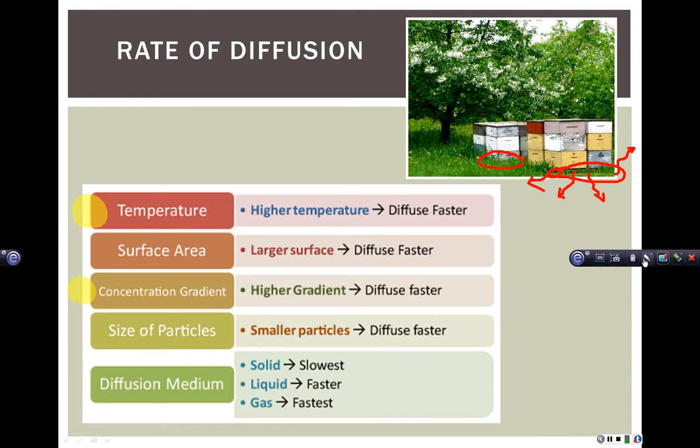But there's other really important ways to change the rate of diffusion. And one of my favorite things to look at is how surface area influences this, because the body has to maximize increased surface area for all kinds of different physiological mechanisms to happen effectively in a timely manner in every system of the body. And not just diffusion, but all kinds of examples.